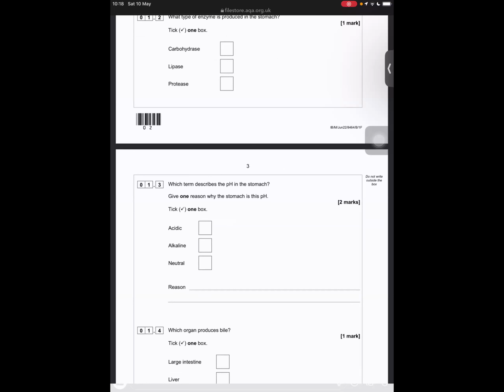Okay. So I think the stomach is alkaline.